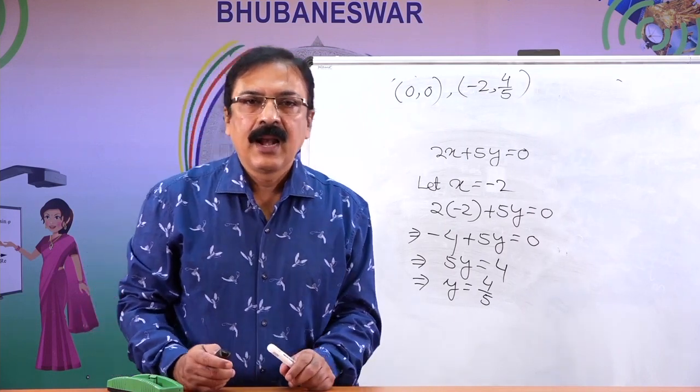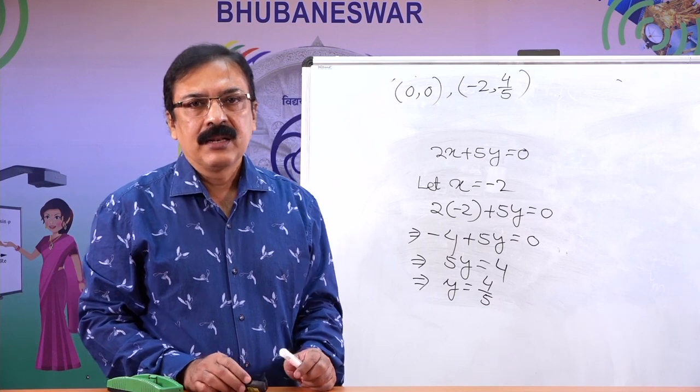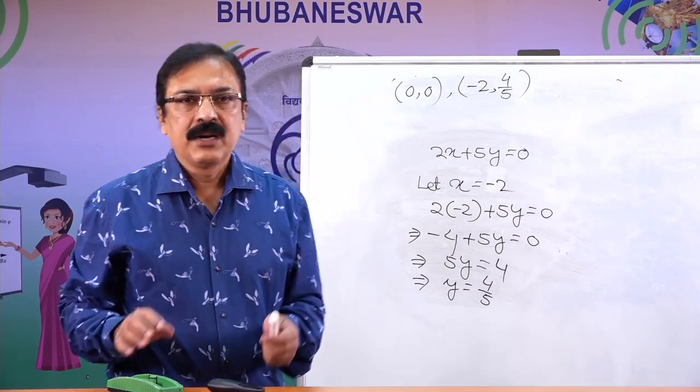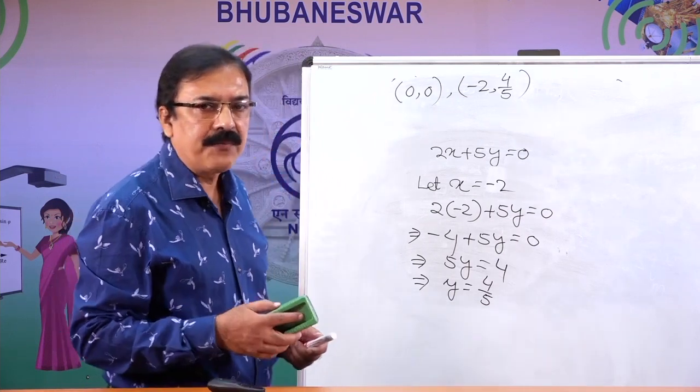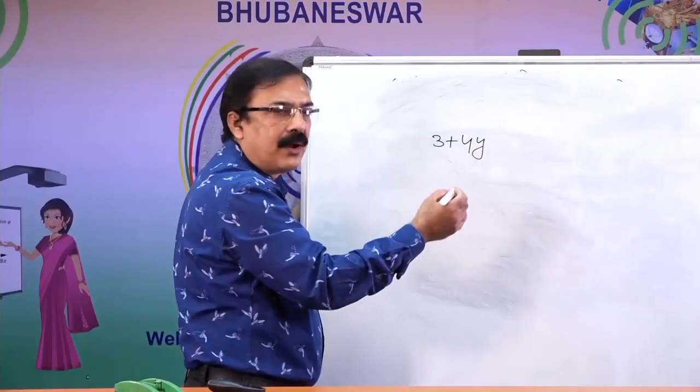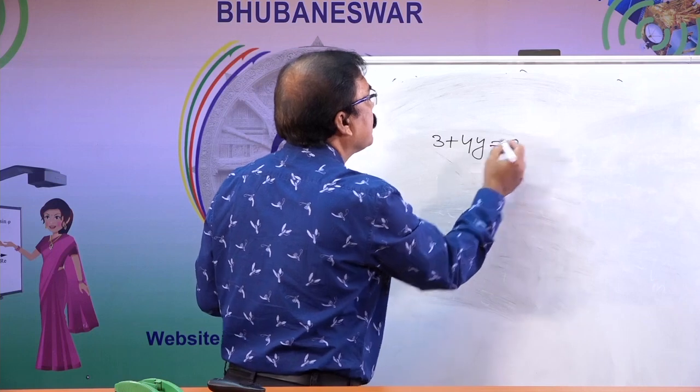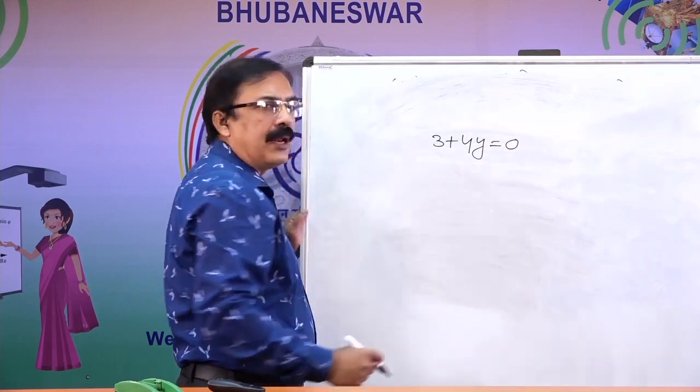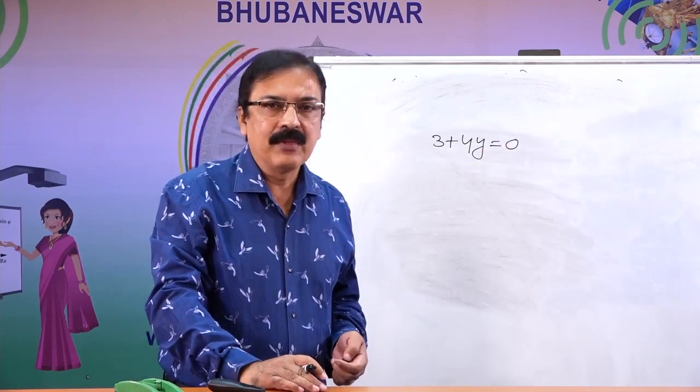Let's find another equation. Here is a different type of equation. 3 plus 4y is equal to 0. Here this is an equation in one variable.